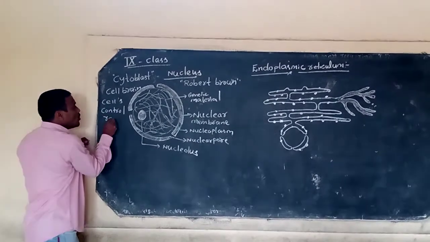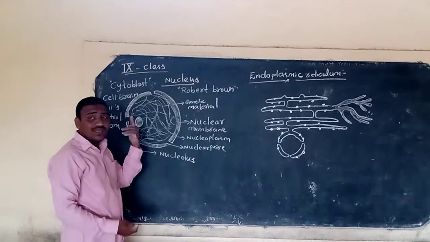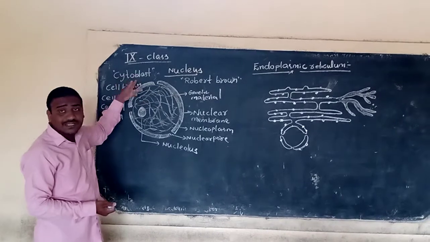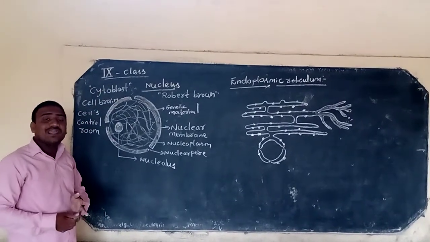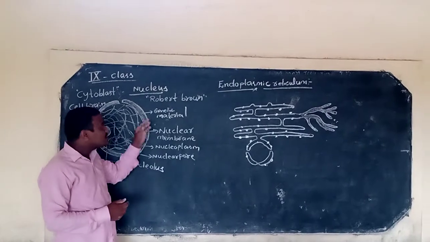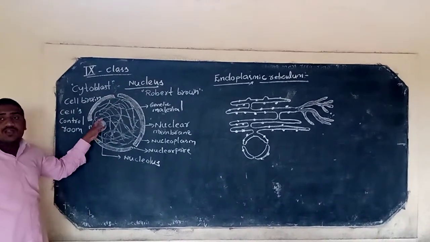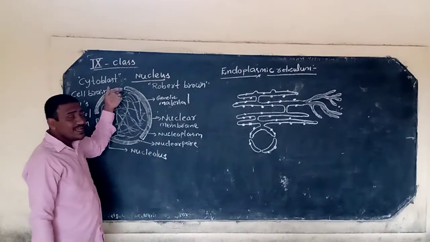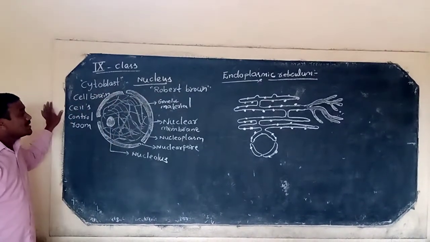Cell's control room. Okay, the nucleus has different types of names. What are they? Cytoblast. Why? Because in ancient times, most of the scientists believed that the new cells originated from the nucleus. That's why they gave the name cytoblast.